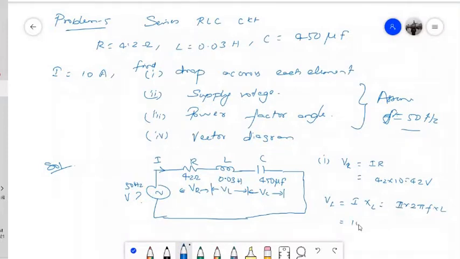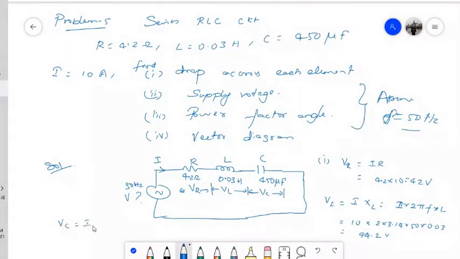So I is 10, L is given to be 0.03. So you get 94.2 volt.